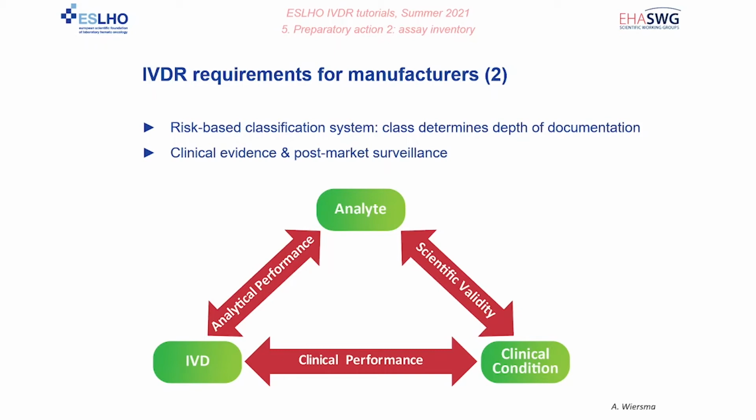After a device is marketed, manufacturers will have to continuously update this information as part of a process called post-market surveillance. For Class C and D devices, this needs to be done at least every year. In conclusion, the clinical evidence and post-market surveillance requirements can be very demanding for manufacturers.